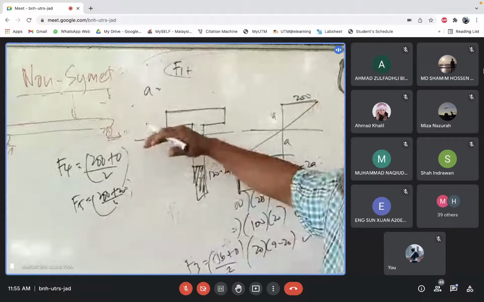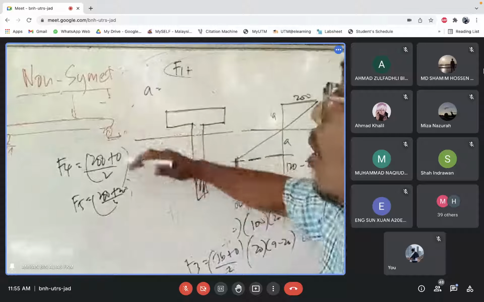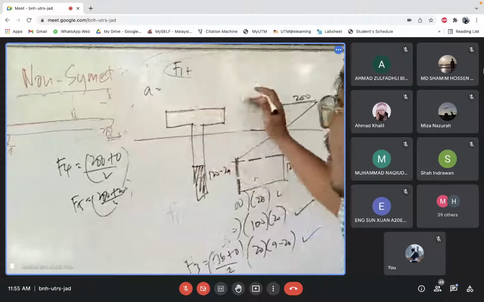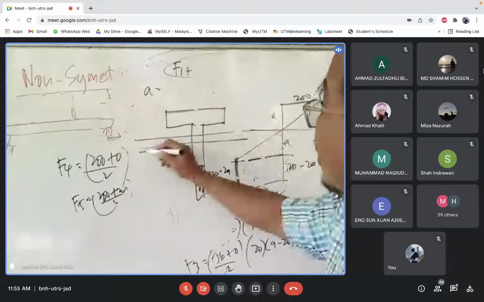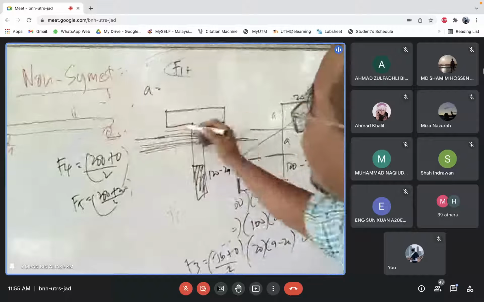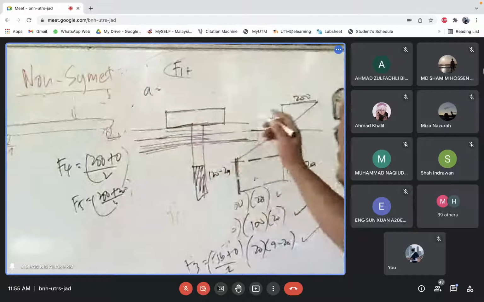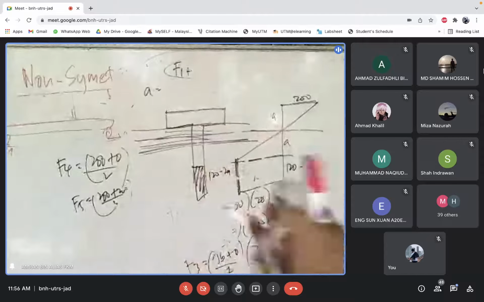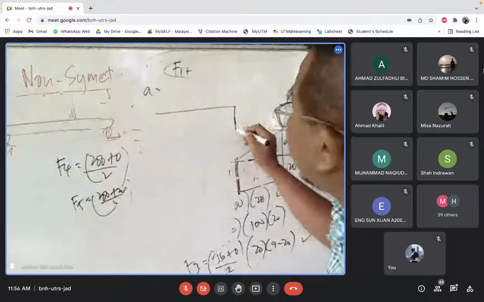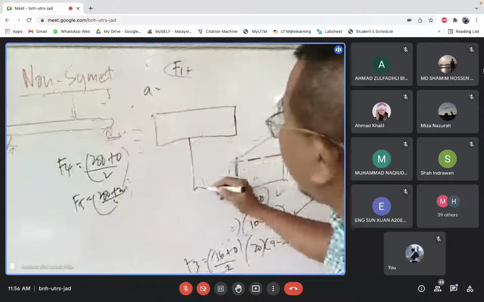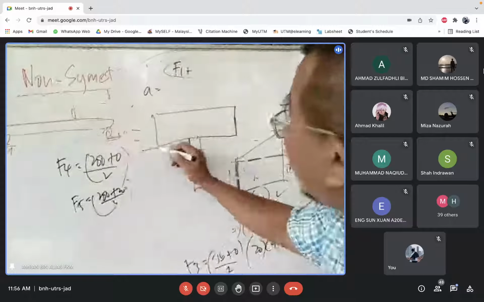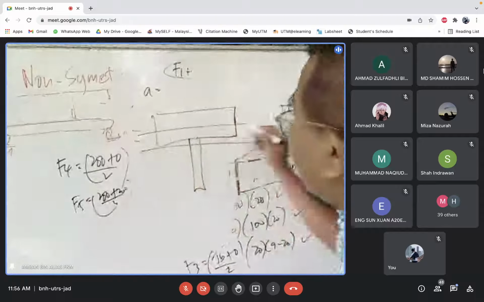Just find the proportion of neutral axis for whatever moment it is in the semi-plastic. Start from the original neutral axis and then move until fully plastic. That's for this case. Maybe for a different size, this big and this small, the original neutral axis is there and the fully plastic is there.